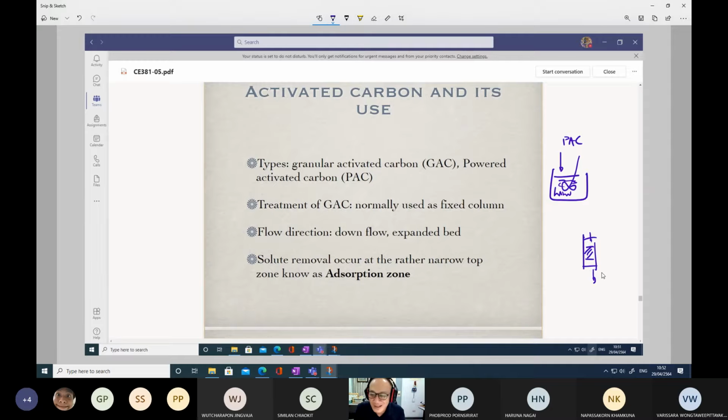So we use the granular one. Granular is like grains of sand or gravel. It depends on the size, and on the purposes of use, ranging from smaller to larger.